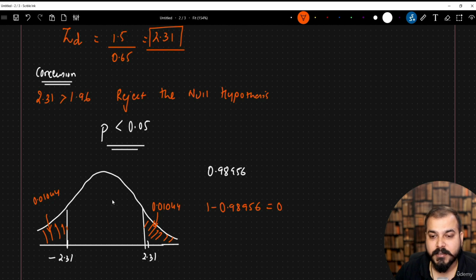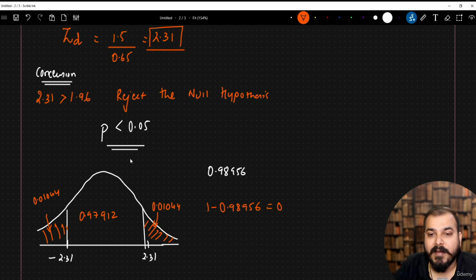So how much am I going to get? This is nothing but 0.97912. So this is the area under the curve, and the other areas are on the left extreme and the right extreme.